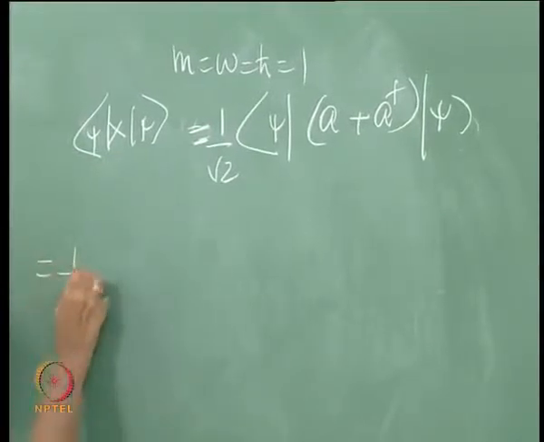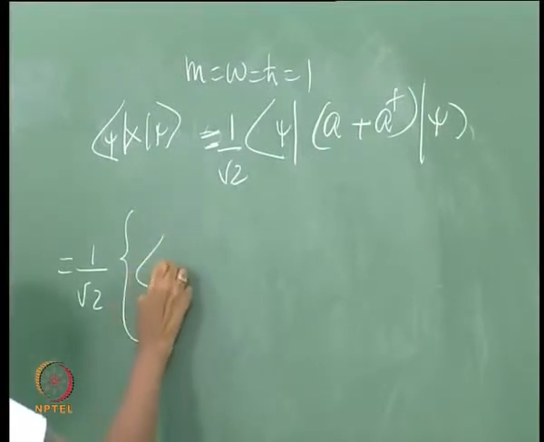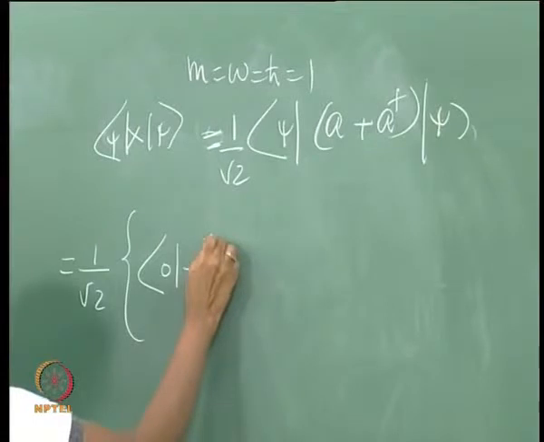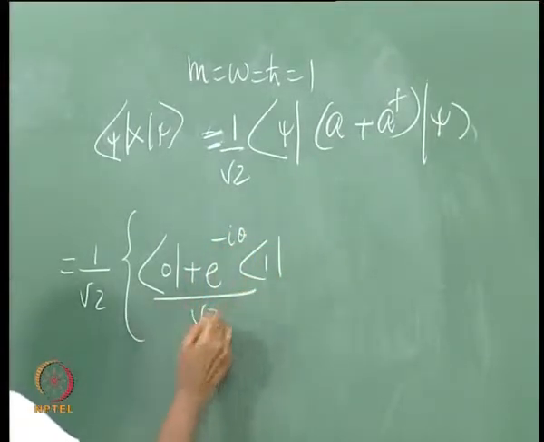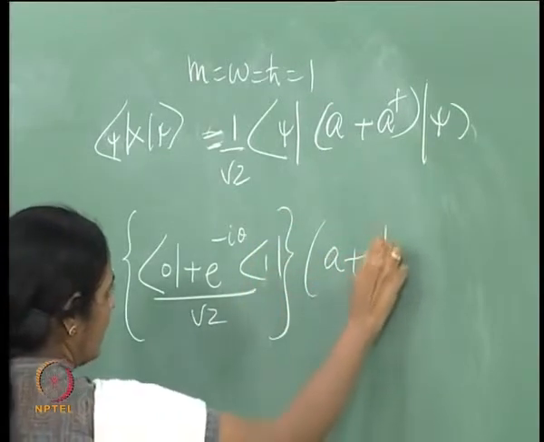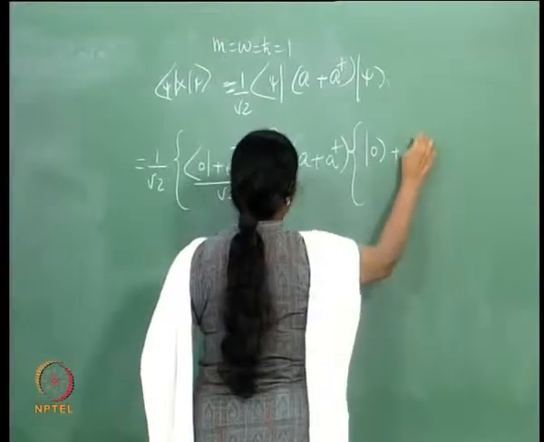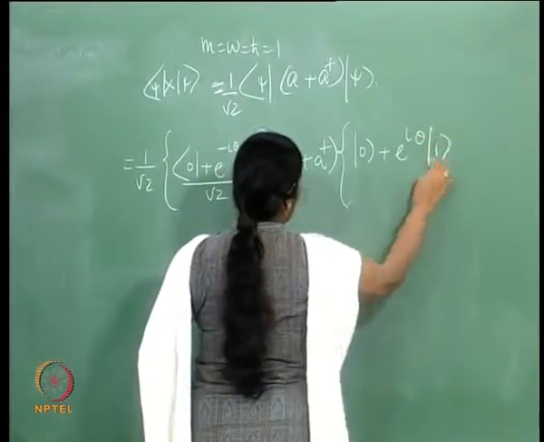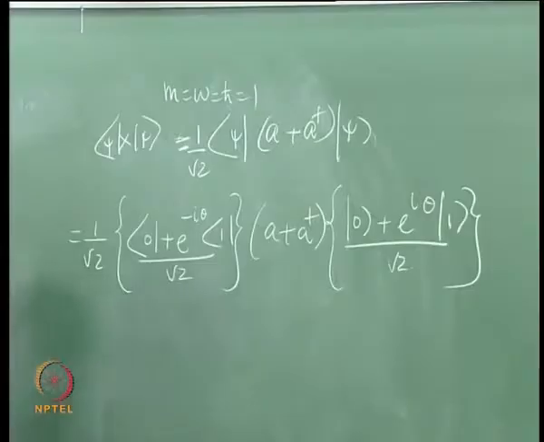But that object is the same as 1 by root 2 (bra 0 plus e to the minus i theta bra 1) by root 2, times (a plus a dagger), times (ket 0 plus e to the i theta ket 1) by root 2.